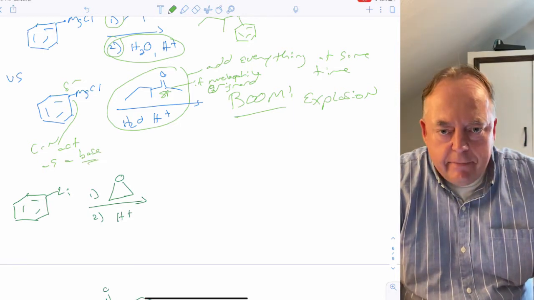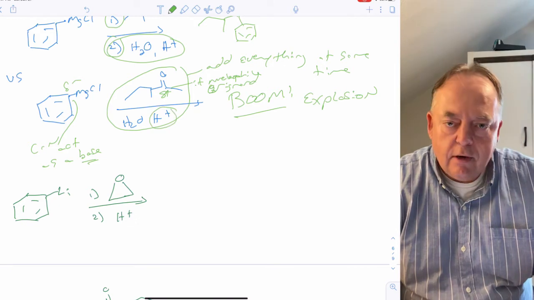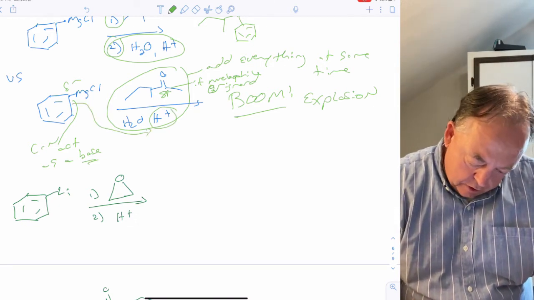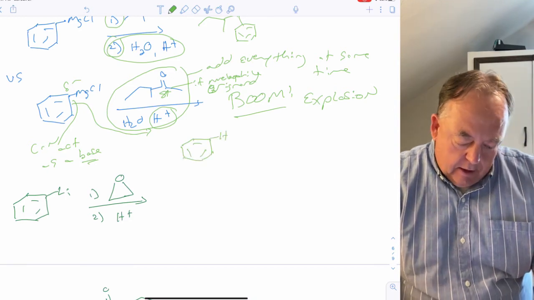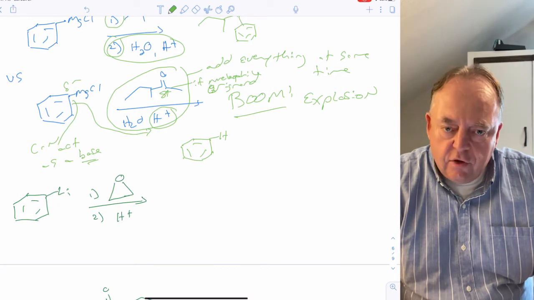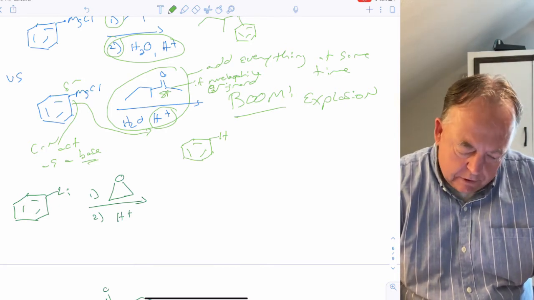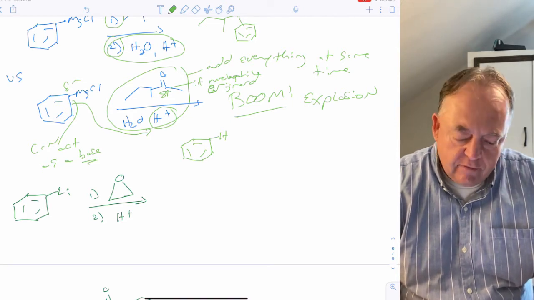And it's going to react as a base before it reacts as a nucleophile. Since you have an acidic hydrogen present, that's what would happen. This would just take that hydrogen and you would make benzene. And that's a very exothermic reaction that would generate a lot of heat and could potentially cause this reaction to explode depending on the quantities of material involved.